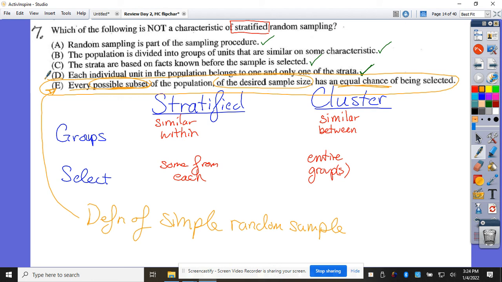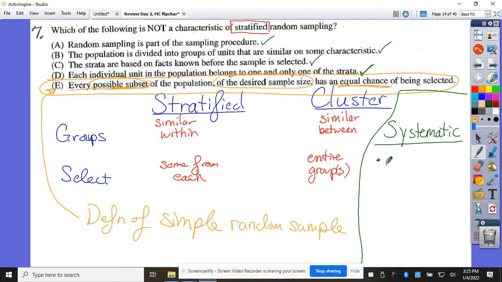And now, my last class went ahead while we were here and asked about the one other that I'm missing. What is my other sampling technique that we talked about that is not one of these 3? What do I do first with systematic? Order them. And then I choose randomly, how?